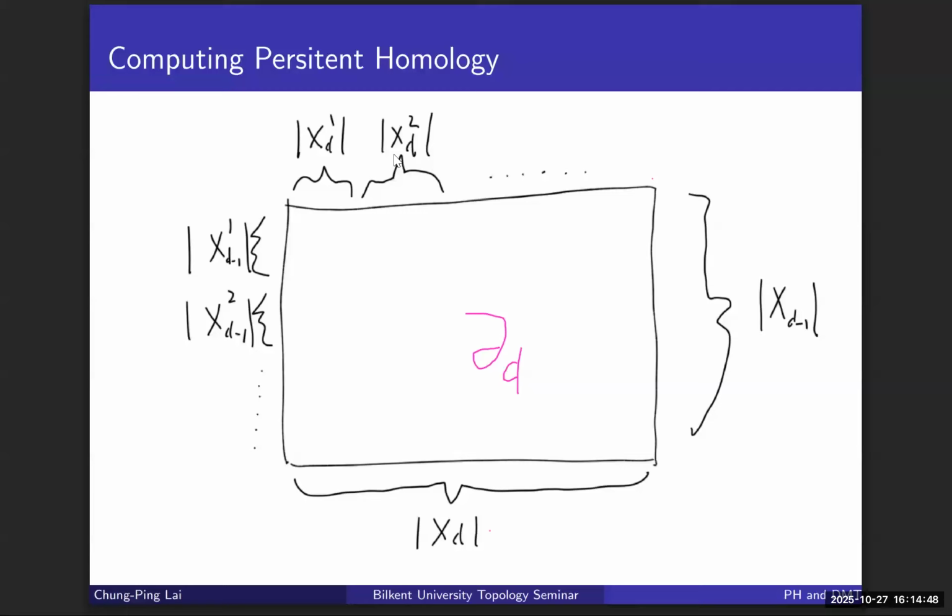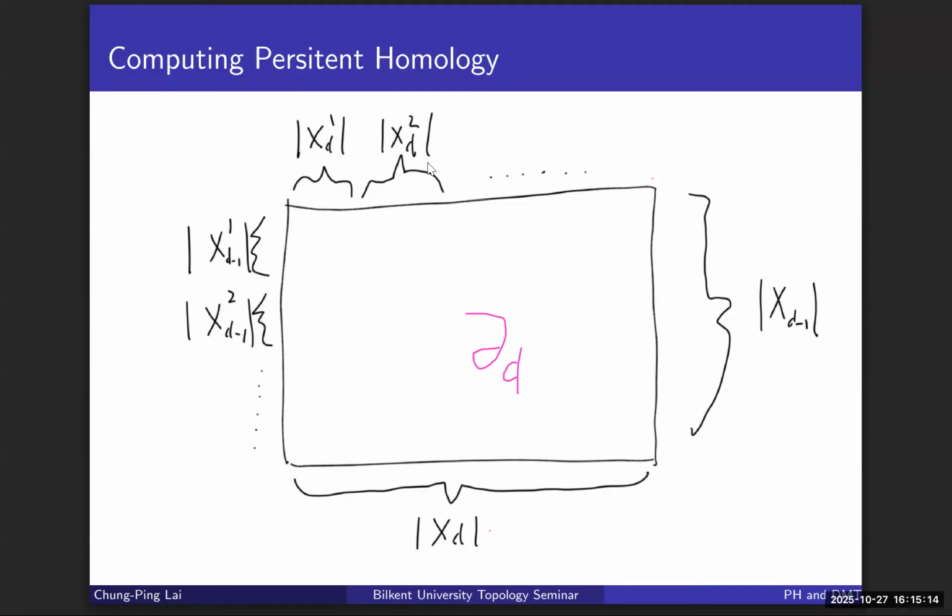We have a lot of simplicial complexes or cell complexes to fit into our framework, so we can order the elements. If a D cell first appears in the first frame, we group it in the first.